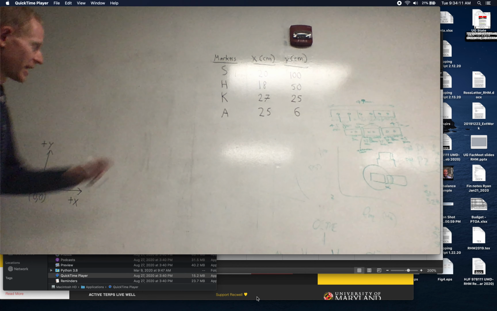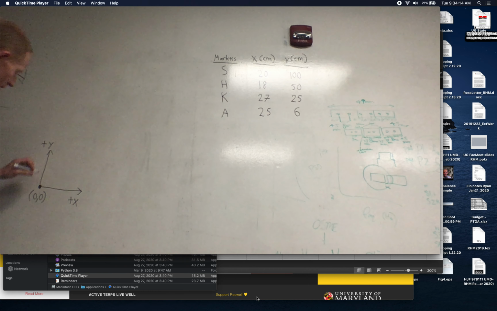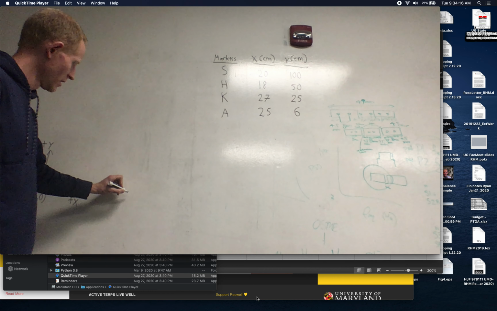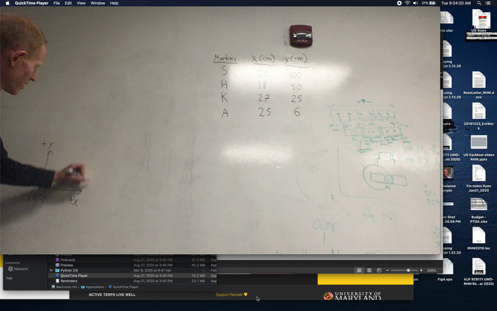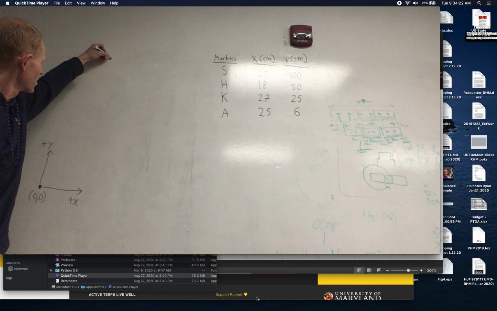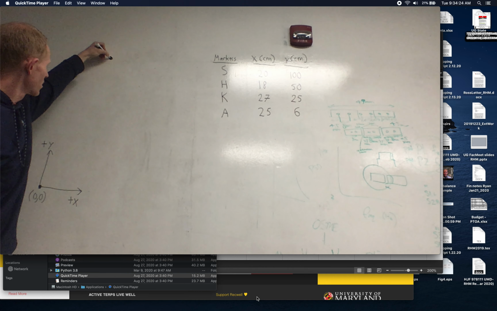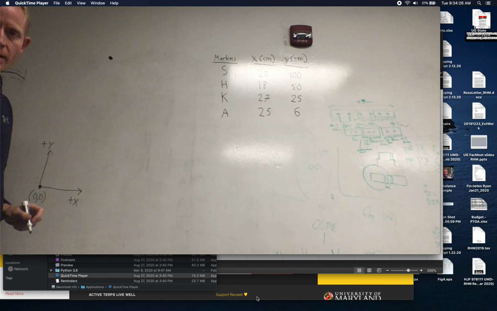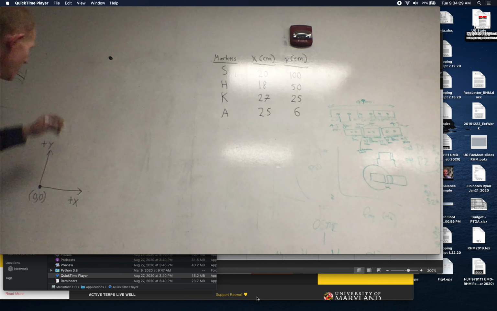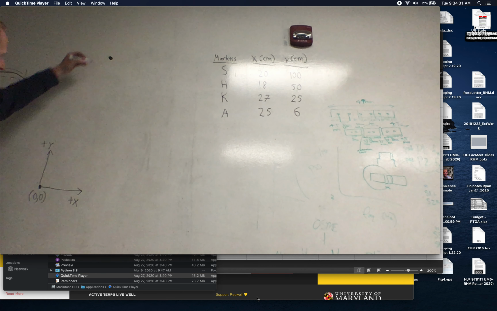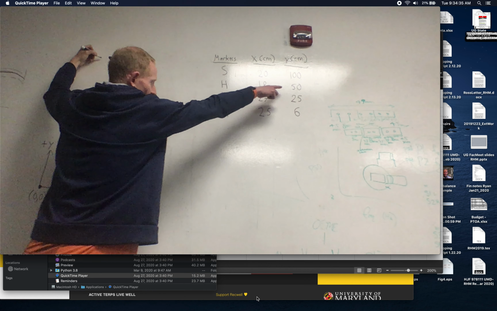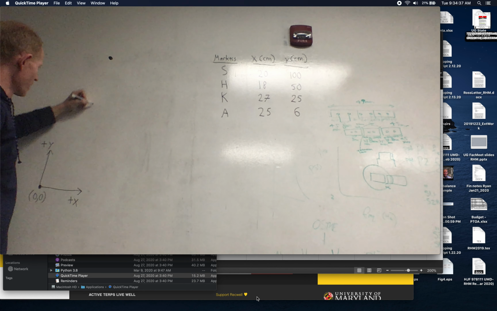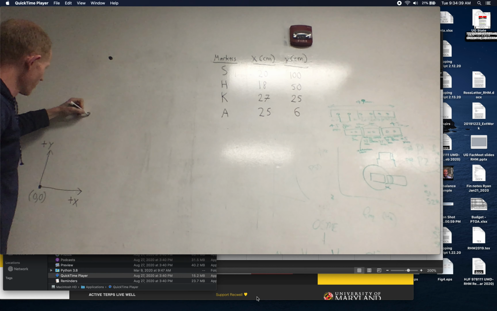Okay. Then I'm going to draw my shoulder marker. It's 20 units in this direction, and 100 units, let's make that a little bit closer, 20 units here, and 100 units here. Okay. And then my hip is 18 units in the x direction, so it's going to be a little bit behind the shoulder, and 50 units in the y direction, so it's going to be quite a bit below the shoulder there.